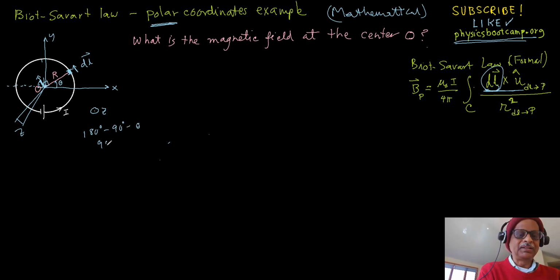So this is like a 90 degrees minus theta over here. And so I want to know the direction of this. I want to know the unit vector along that direction to make a dl.